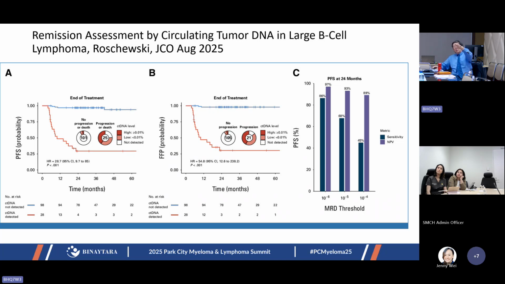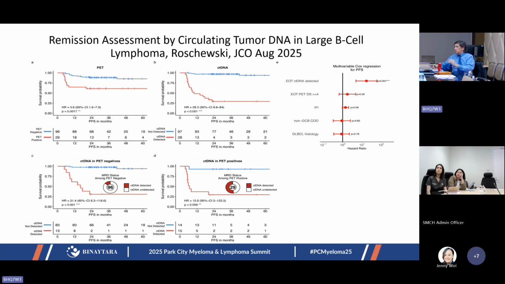And you could see the little curve, the round circle that says no progression, that the vast majority, the sensitivity was over 90% that it was predictive. And if it was detected, you did see progression or death in 75% of the people. The patients were in clinical remission after R-CHOP. And he got the samples from 5 independent studies.